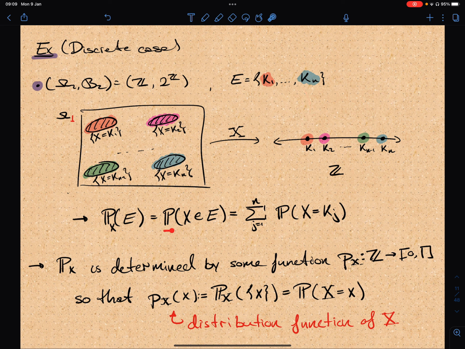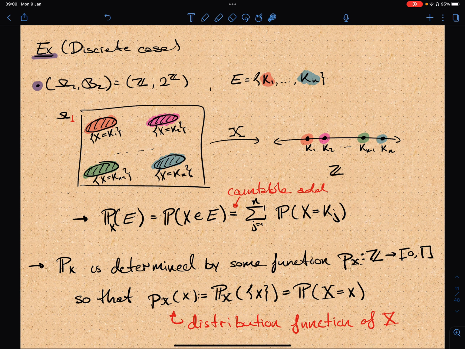And here, using the shorthand notation, we really just write it as the probability that X is in E. And using countable additivity, going back to lecture 1 to the defining properties of the probability function, we can write this as the sum of these probabilities.